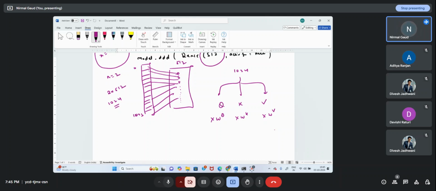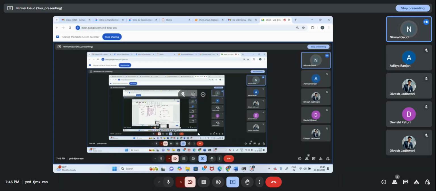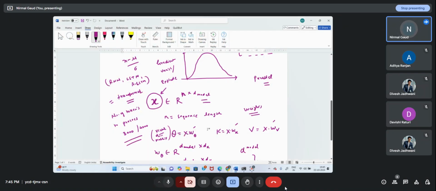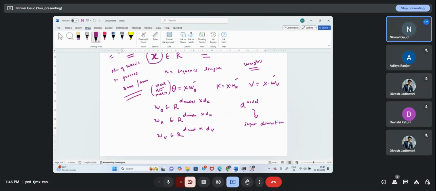Just consider below. Okay, I already mentioned. Fine. So let me correct this thing, it's like this: Q, K, V. And I've already mentioned what is WQ. The dimension of WQ is dimension of model into DK, and these are the dimensions.